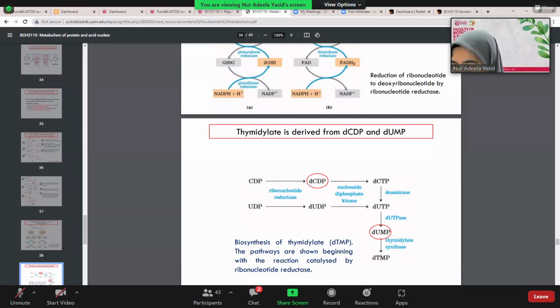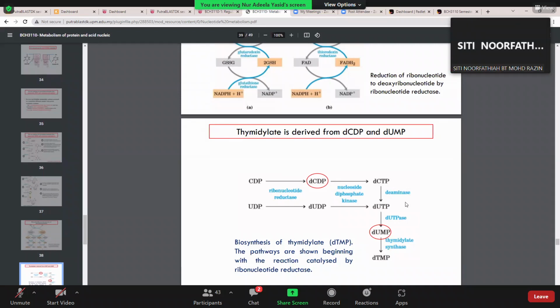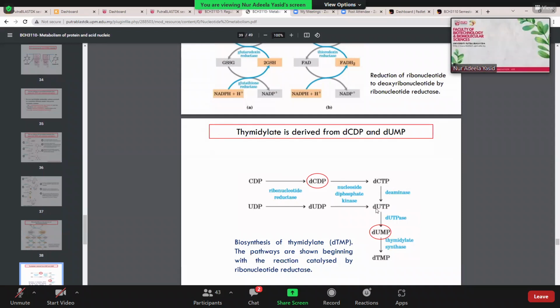Look at this reaction. What happened in these two reactions? Who notices?